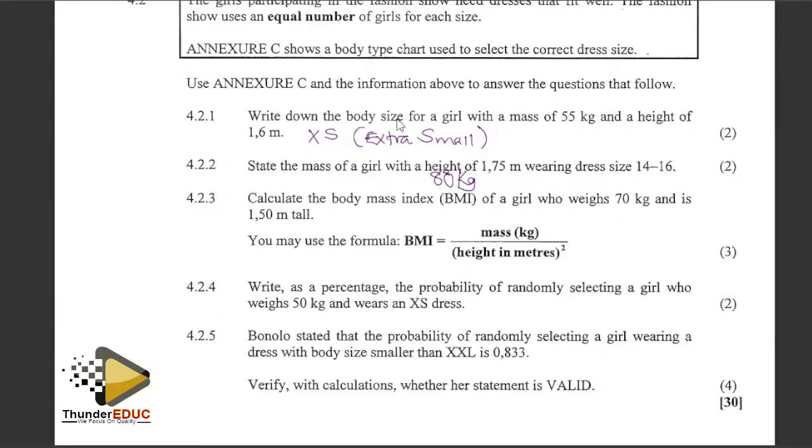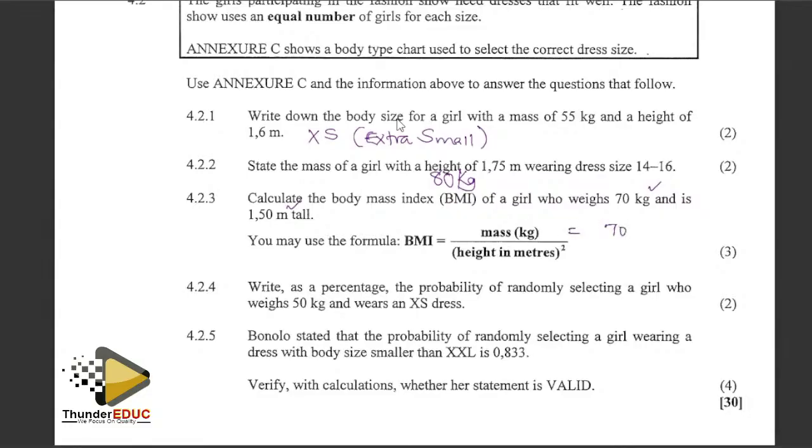So they are telling us to calculate the body mass index of a girl who weighs 70 kg and is 1,50 meters tall. So for body mass index, the mass has to be in kilograms and the height has to be in meters. The mass is in kilograms, check. The height is in meters, check. So all we do is substitute.